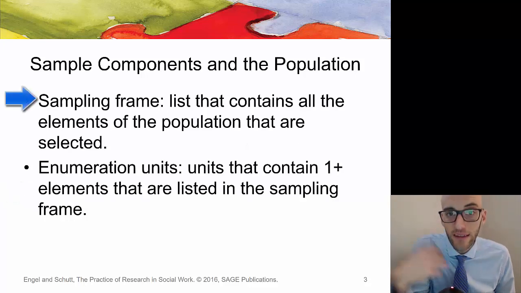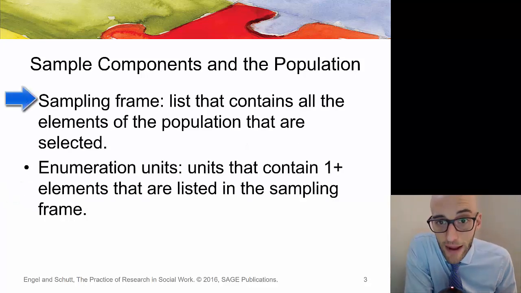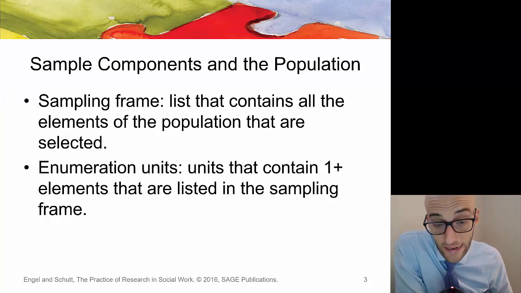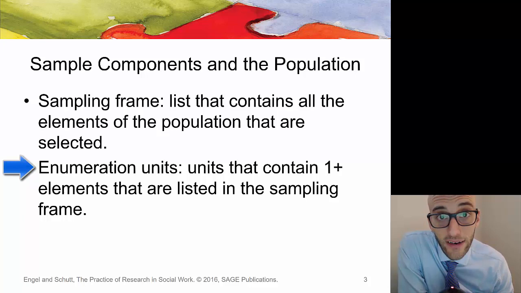A sampling frame is a list that contains all the elements of the population that are selected. You could think of something really basic like the US Census, which gives us a list of everybody that's a US citizen, and that would be our large sampling frame that we would select samples from. Whereas an enumeration unit is a unit that contains one or more elements from the sampling frame.